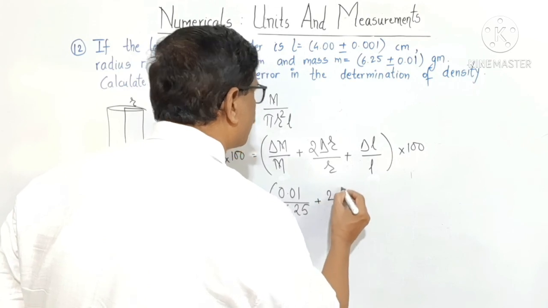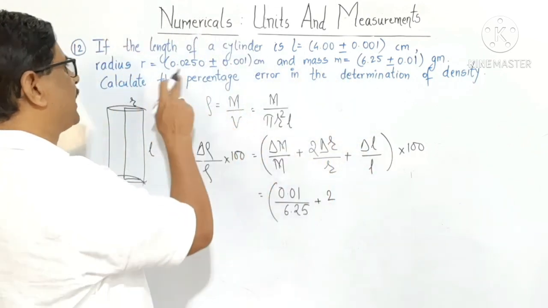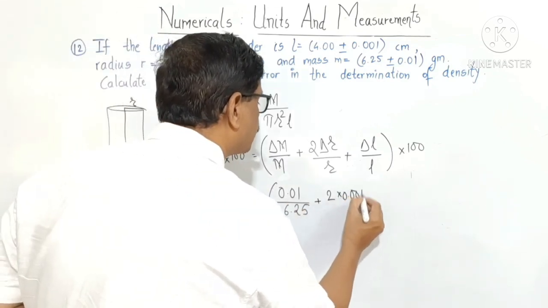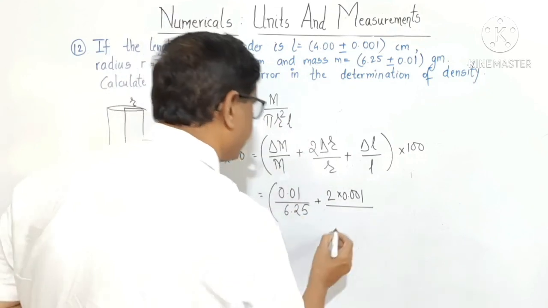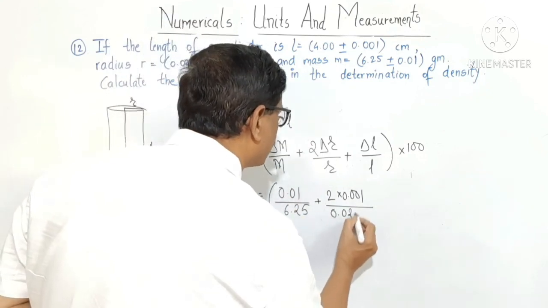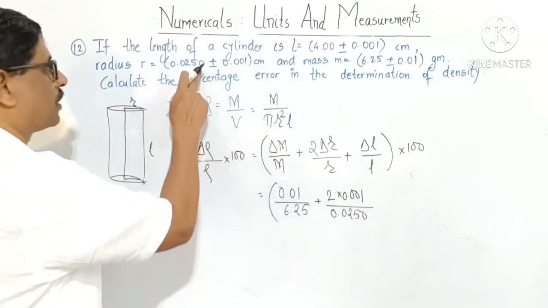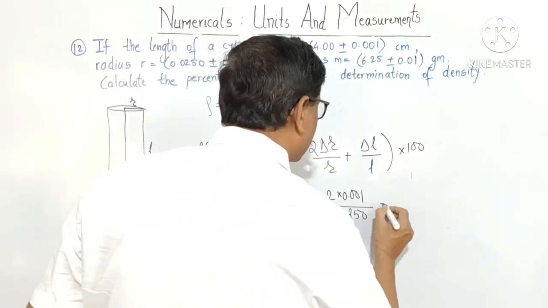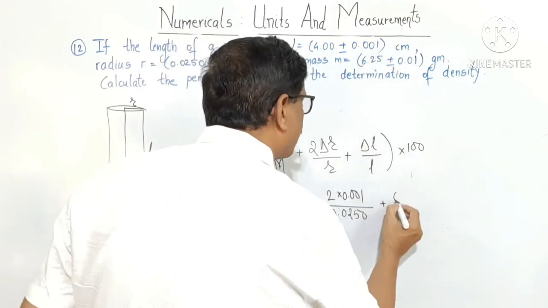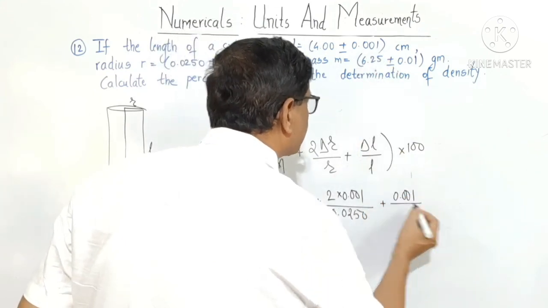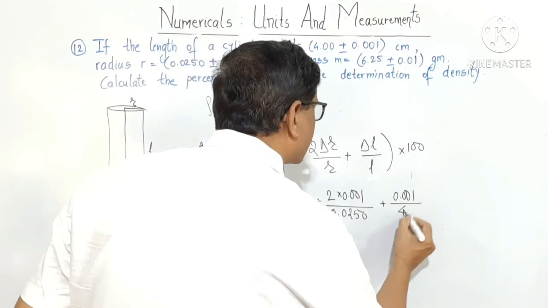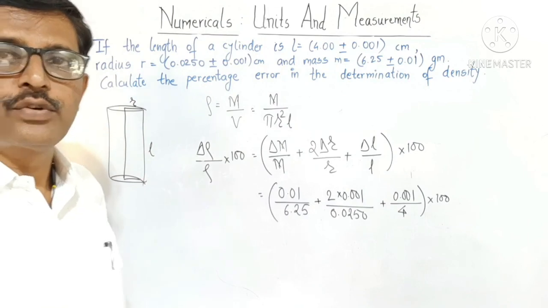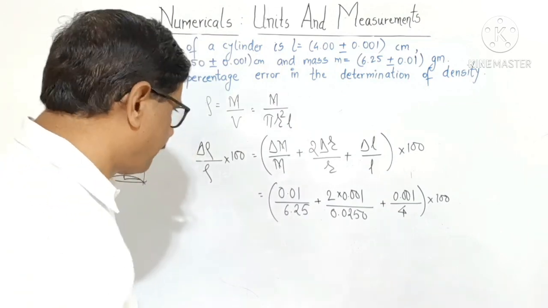It is 2 into the possible error in the measurement of the radius, 0.001 divided by the radius 0.0250. Then plus, the possible error in the measurement of the length is 0.001 and the actual length is 4, and the whole bracket is multiplied by 100 to determine the percentage error.